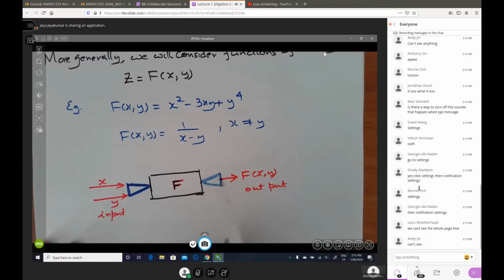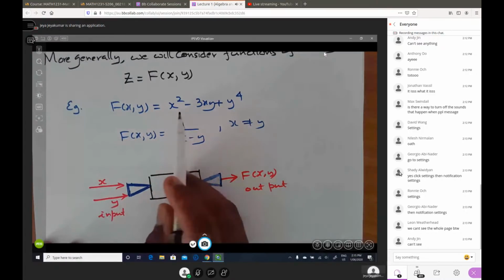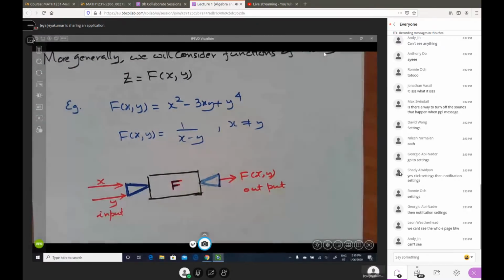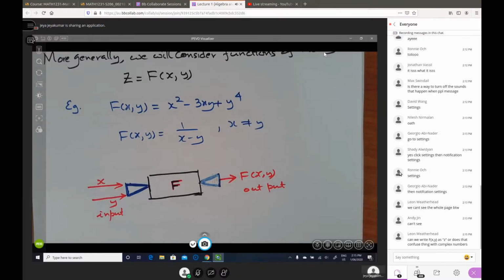In this case, we input x and y and get the output x squared minus 3xy plus y to the power 4. In the simple example, the inputs are the radius and the height, and the function V equals pi r squared h gives you the volume of the cylinder.